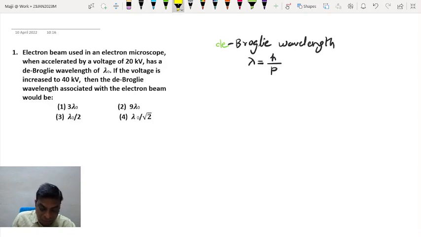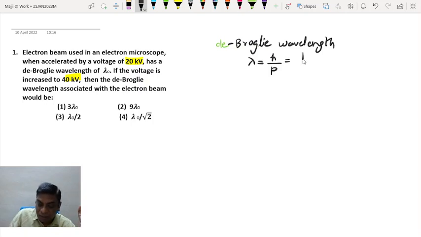Whereas here we don't have any idea about momentum, rather we have an idea about the acceleration voltage. We know charged particles can be accelerated through a certain potential difference, and when they are accelerated, they gain kinetic energy because work is done by the electric field on them.